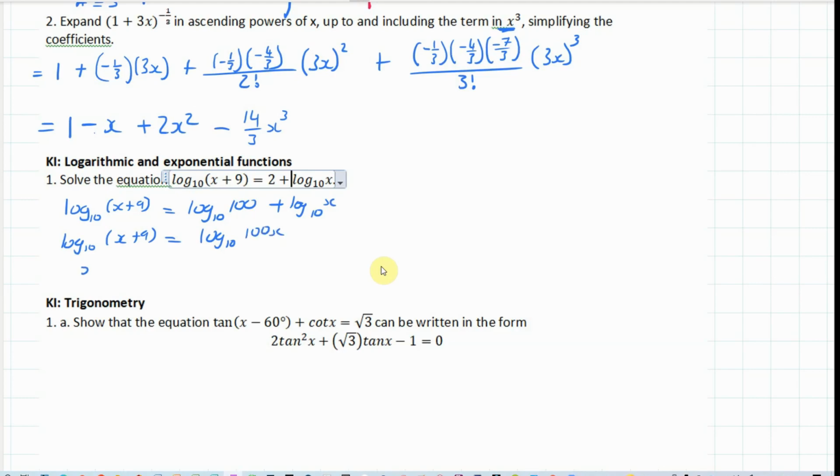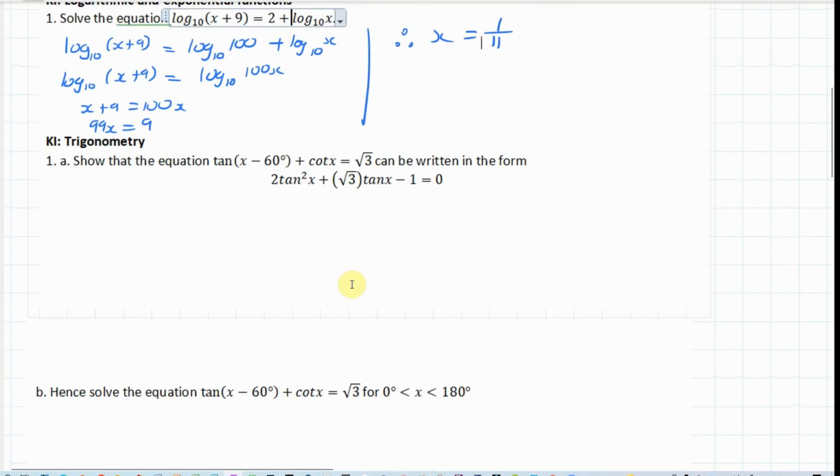Then I can drop out the logs, and then I can bring all the x's over to one side, and therefore x is equal to 9 over 99, or 1 over 11. Well, that wasn't so hard, was it?